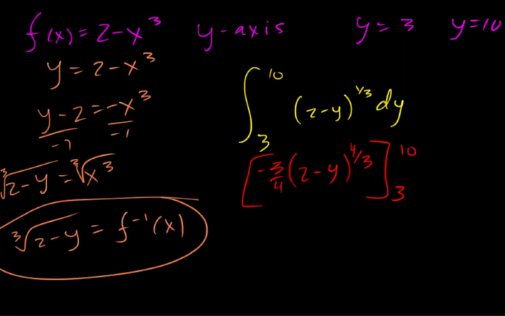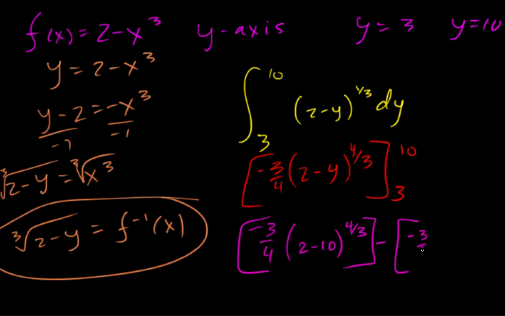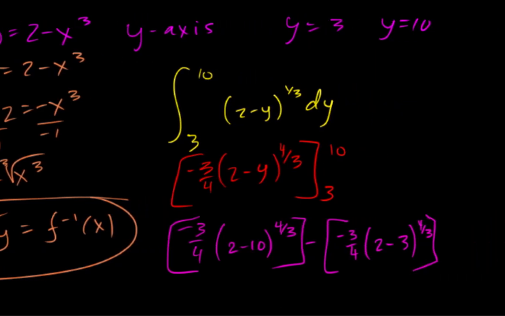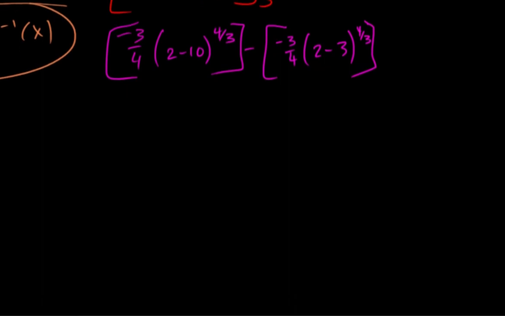And so we get -3/4 times (2 minus 10) to the 4/3, minus -3/4 times (2 minus 3) to the 4/3. And it just comes down to simplifying now.